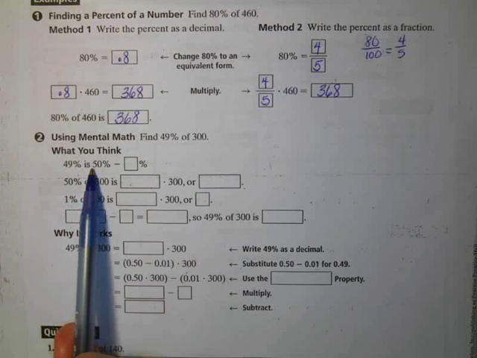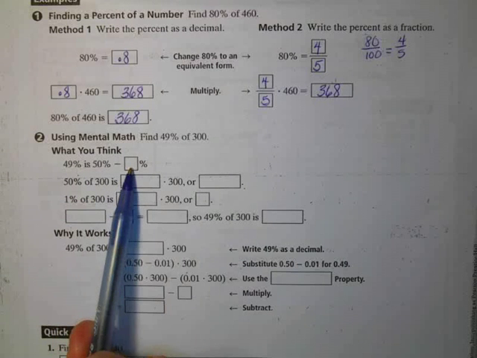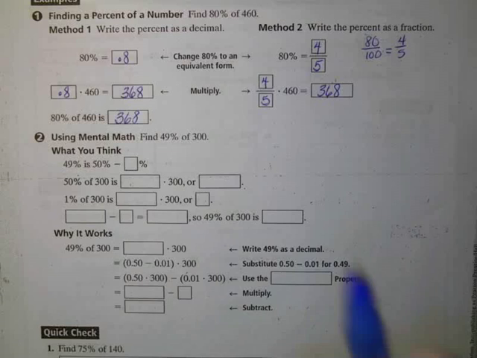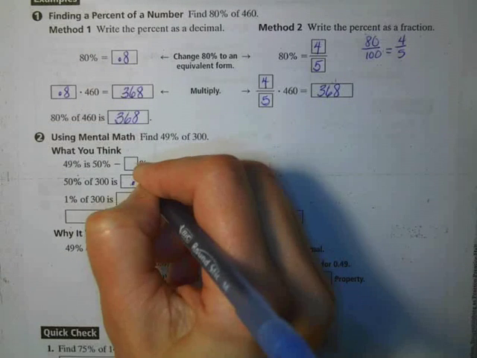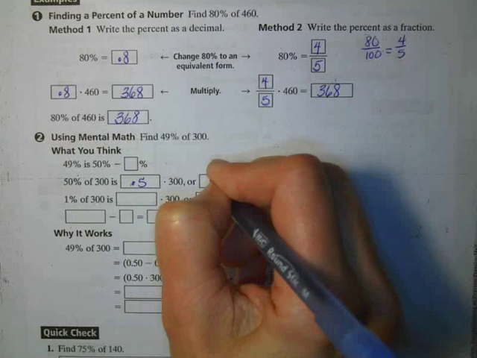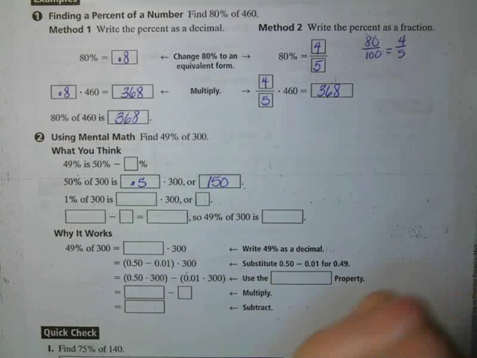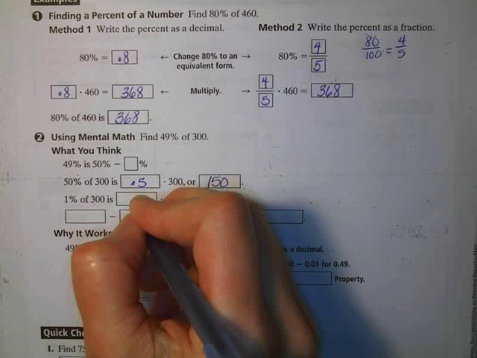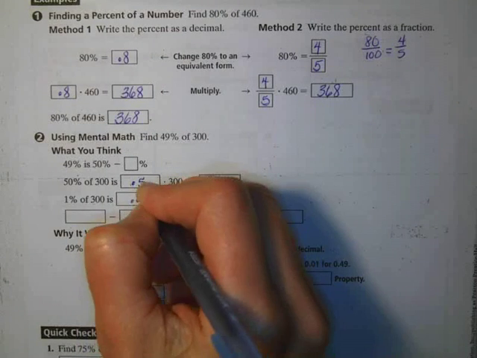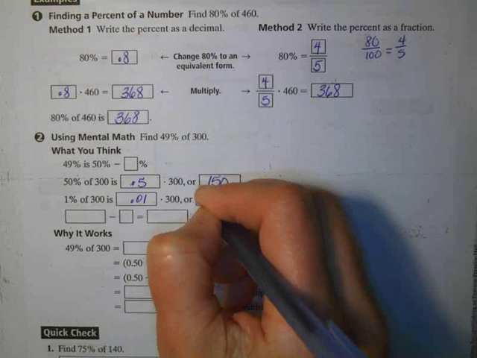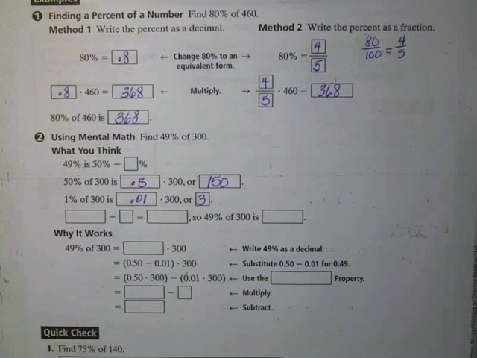You can think that 49% is 50% minus 1%. So basically, you do 50% of 300, or 0.5, or 1/2 times 300, which is 150. It's probably easier to think 1/2 of 300, because most of us can do 1/2 of 300 in our head. 1% of 300 is 0.01, or 1/100th, times 300, or 3.